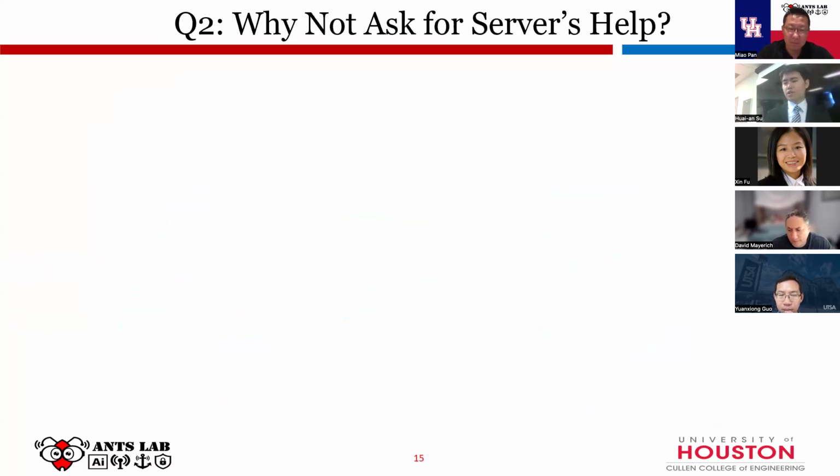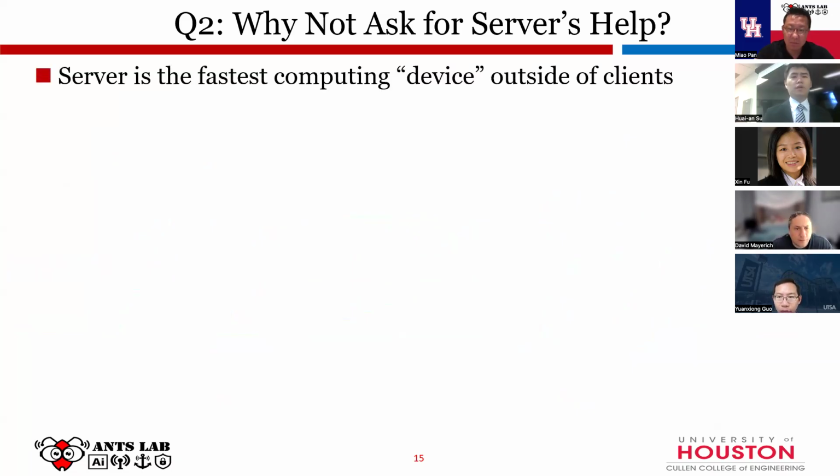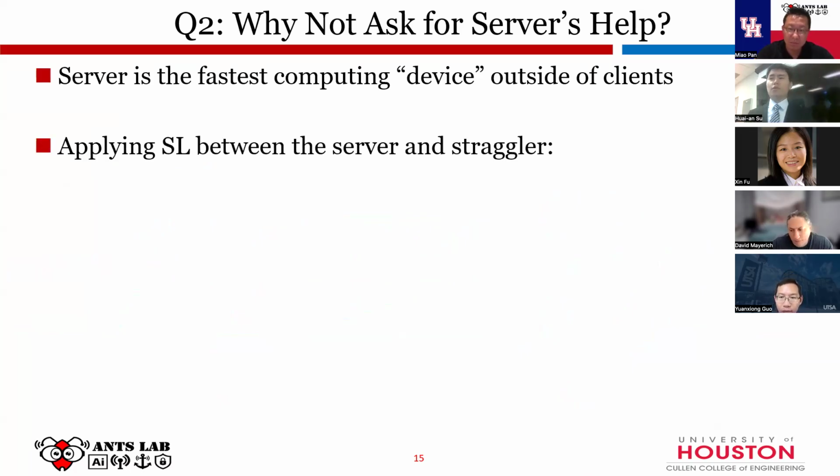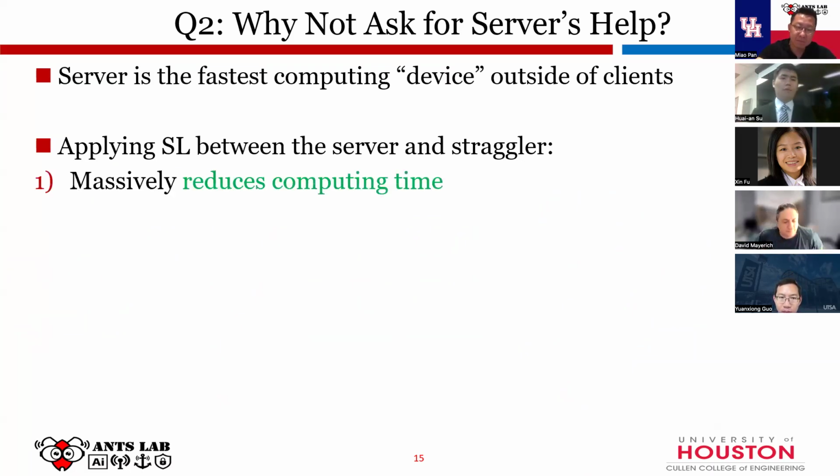So the question is, why do we not just ask the server for help? Because the server is clearly supposed to be the fastest computing device outside of the clients. However, I'm going to dig deeper into what applying split learning between server and straggler represents. The first is, obviously, it will massively reduce the computing time overall.